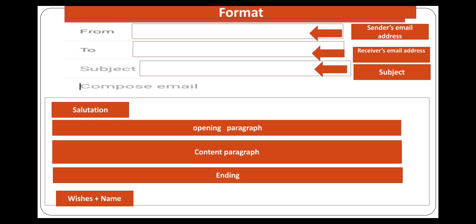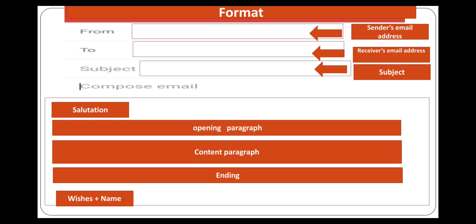Now, in the email, you have to include the ending or the closing. It's like a conclusion. In the ending of an email, you have to ask the receiver's opinion, or ask the person to reply. We'll learn some expressions to use in this place.